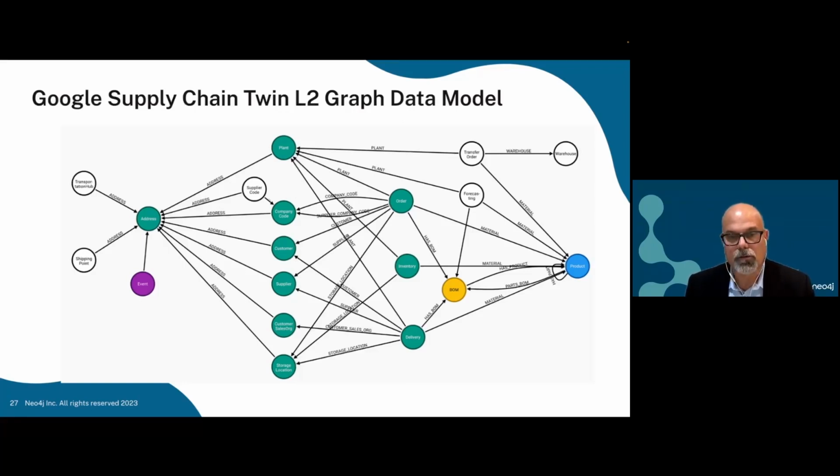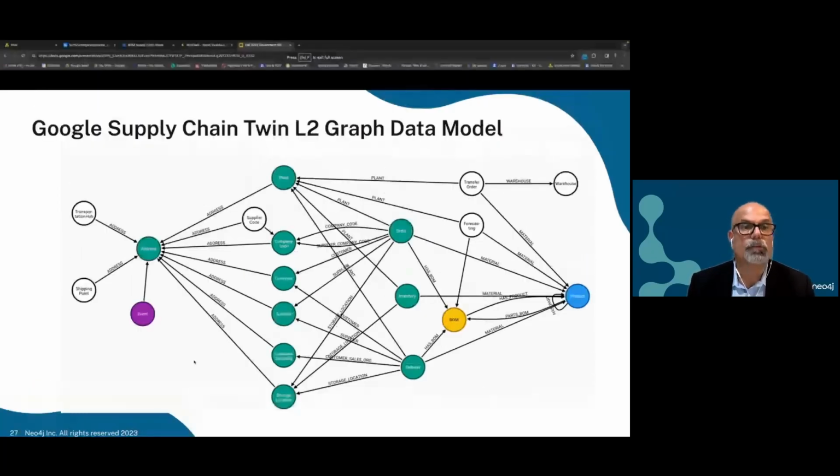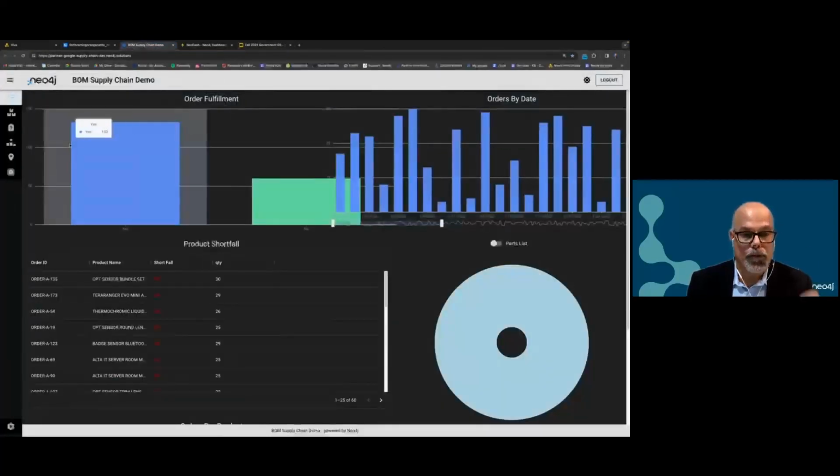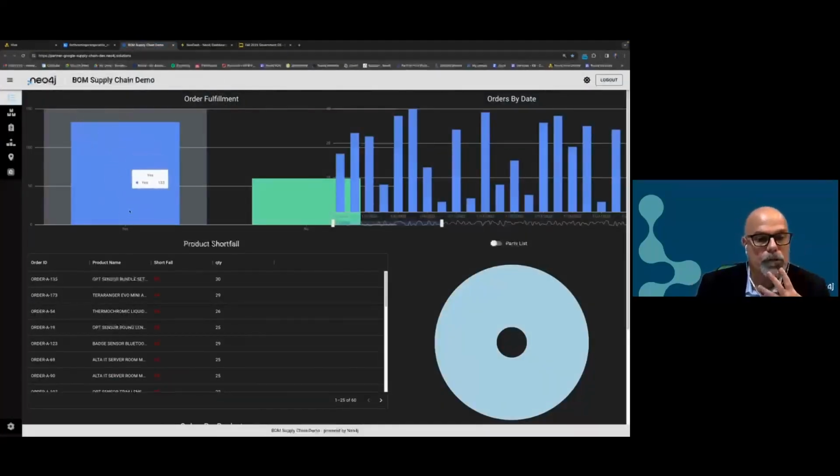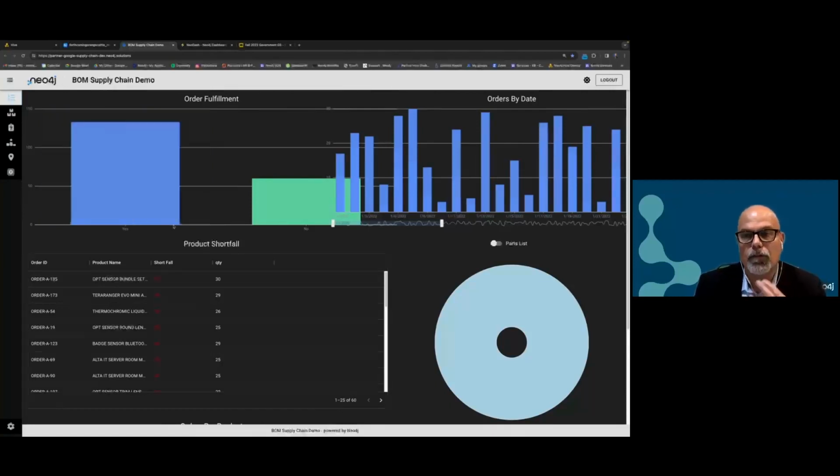And so let's take a quick look at this schema. You can see here we've got things like plants and customers and suppliers. There's manufacturing orders. There's inventory. There's the actual bill of materials that then comprise the product, etc. And so we'll take a quick look at this one. And so in this model, what we're doing is we're basically analyzing inventory shortfall.